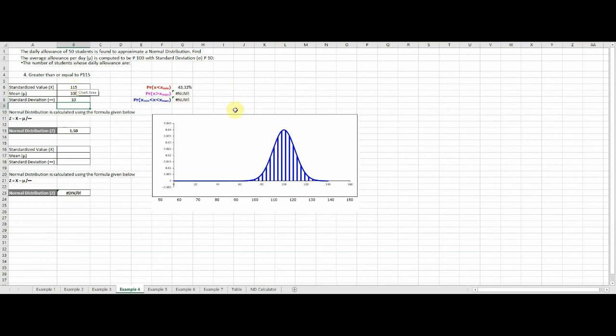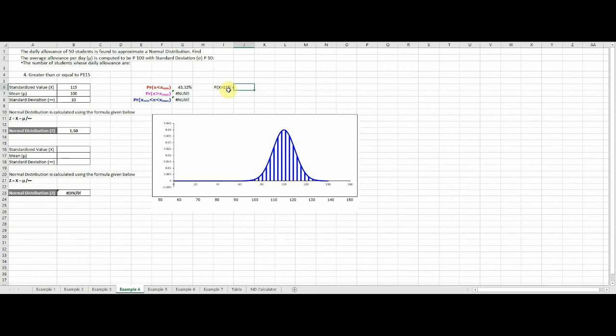Since it is on the right side, what are we going to do? We're going to make a new statement of 115. So what are we going to do here?